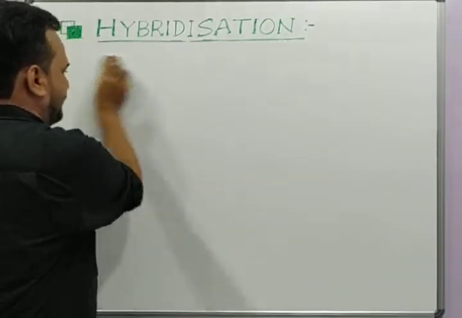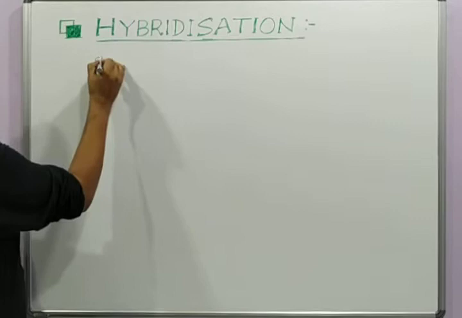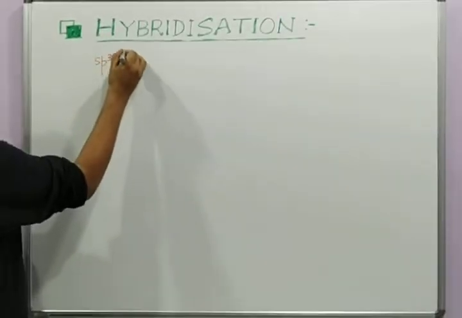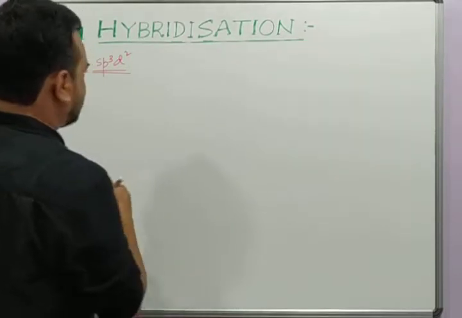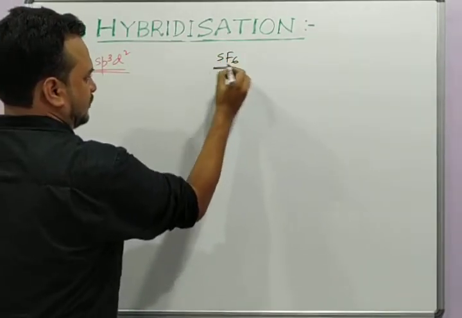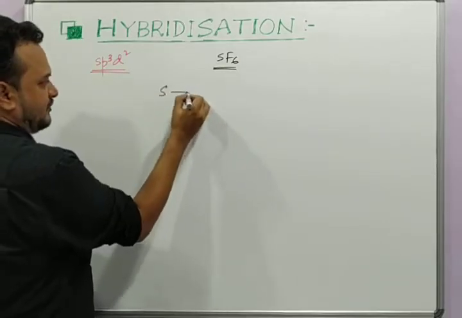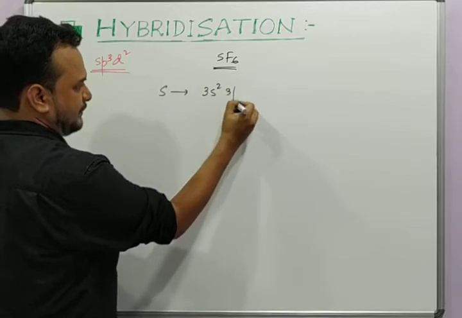So our next hybridization is sp3d2. And to explain this hybridization, we are taking the example of sulfur hexafluoride, SF6. So take the valence shell of S, sulfur, it is 3s2 3p4.